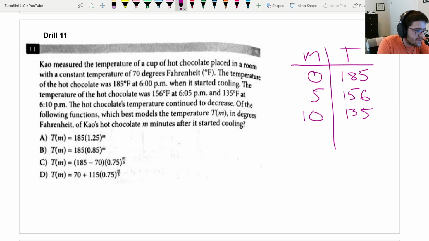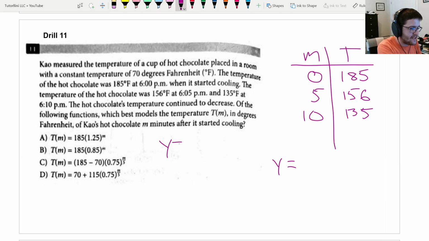This is probably exponential, and I'm going to be honest, it might be easier to just guess and check. I feel like that's what most students would do here. So a times b to the x.